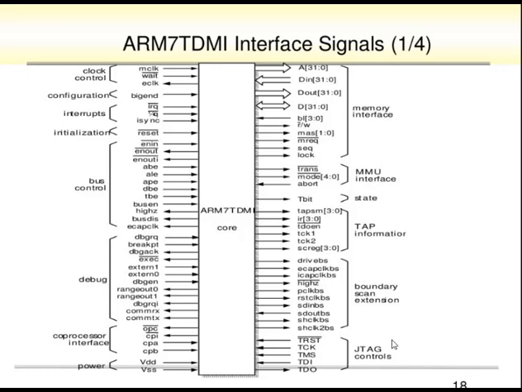Then JTAG controls for external peripheral systems. Debug pins are also there. Bus control, interrupts, initialization. Then ground and VCC are also present over here. Students, kindly observe this pin diagram. We will have some practicals of the same in our practical lab.